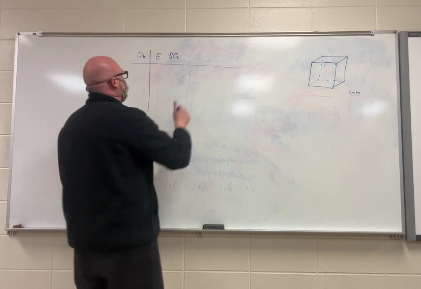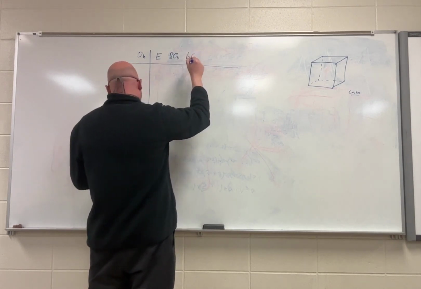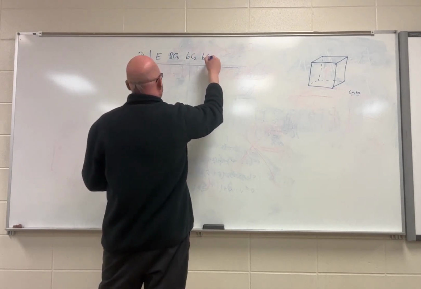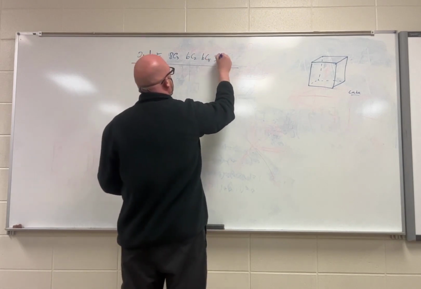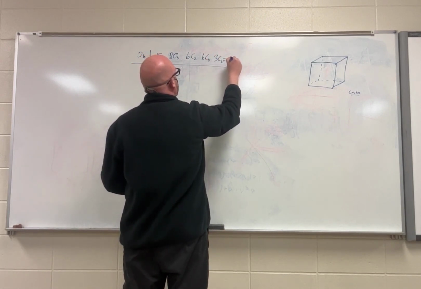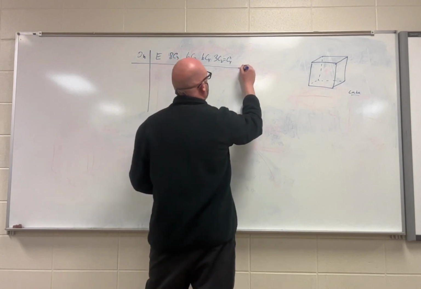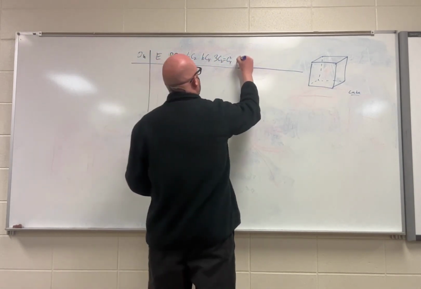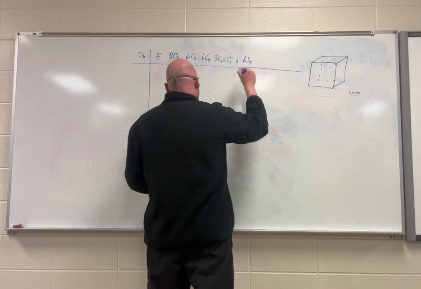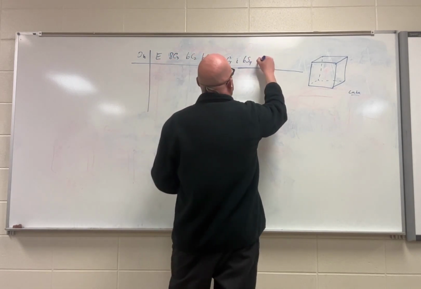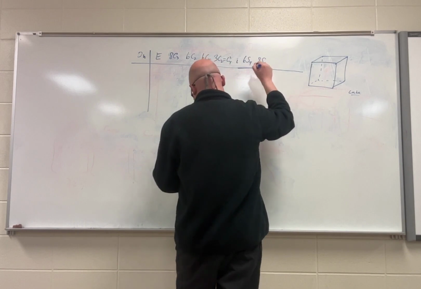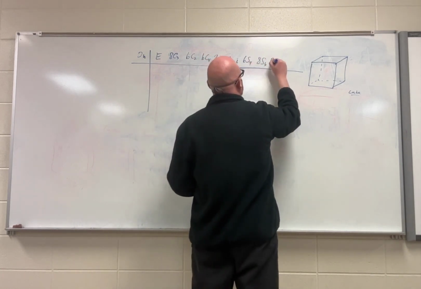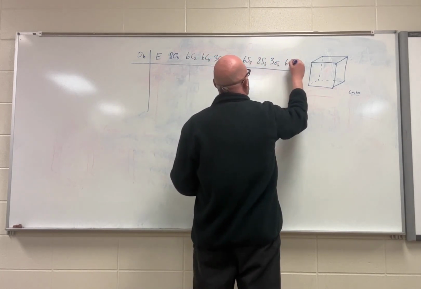So we have E, 8 C3, 6 C2, 6 C4, 3 C2s that are equal to the C4 squared. All right, inversion, 6 S4, 8 S6s, and then we have the 3 sigma h and 6 sigma d.